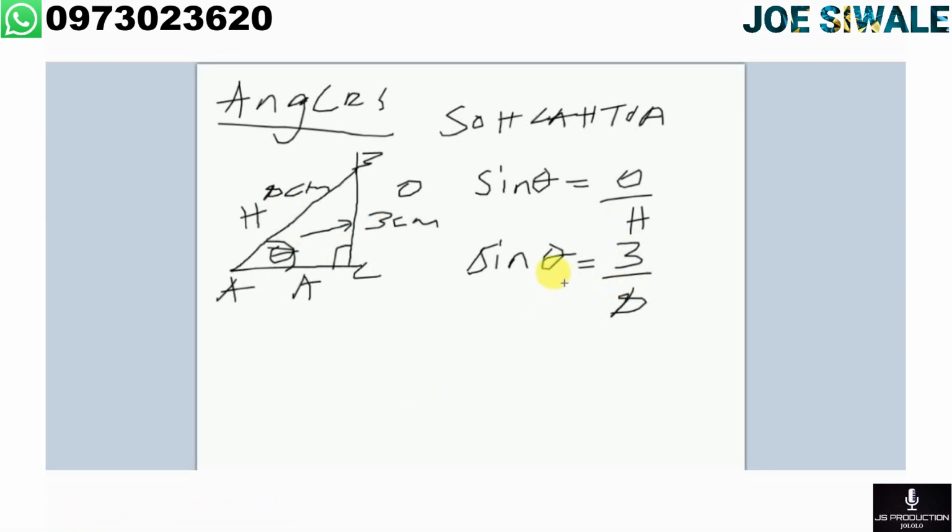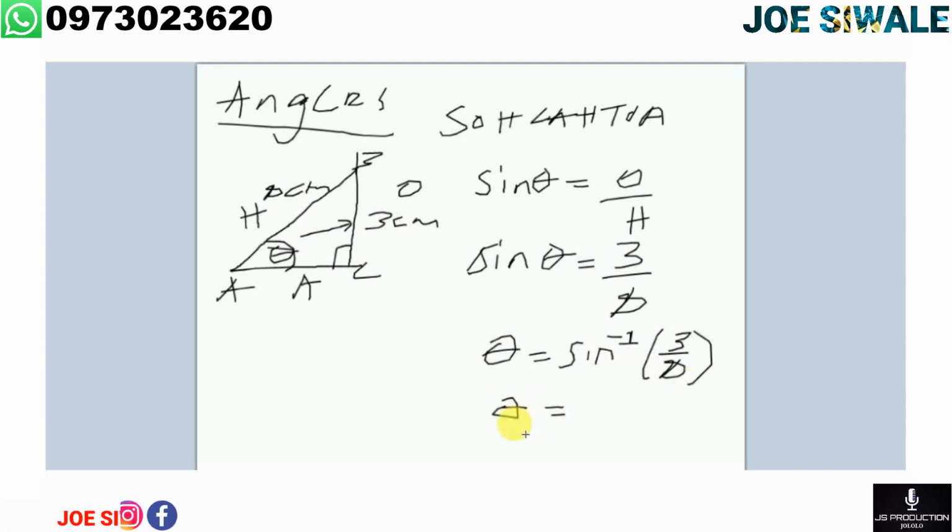And for me to find theta, I'll say theta is equal to sine inverse of 3 over 8. Sine inverse of 3 over 8, I'm having 22.02 degrees if I round off to 2 decimal places. So that's how you can calculate the angle theta.